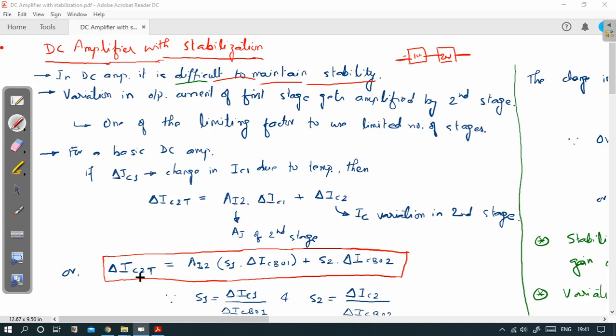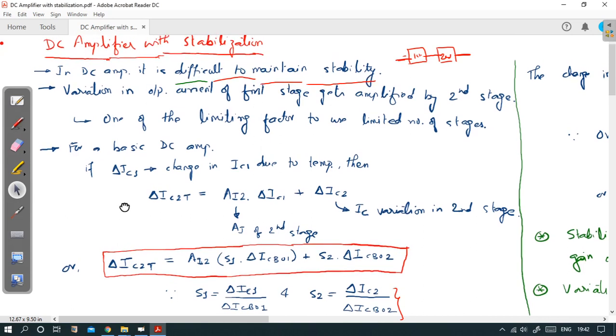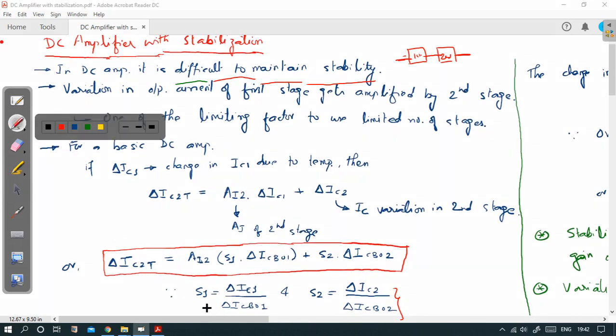So we can write delta IC2T as equal to AI2, the amplification factor, multiplied by S1 into delta ICBO1 plus S2 into delta ICBO2, because we can express IC in terms of ICBO by using this relation, where S1 is the parameter that is the ratio between delta IC1 by delta ICBO1, and S2 is defined by the ratio between delta IC2 by delta ICBO2.